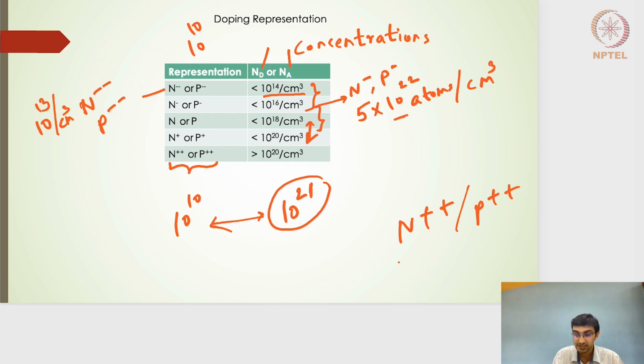The diffusion or ion implantation process has introduced external atoms of phosphorus, arsenic, gallium or boron of about 10 raised to 20, which is very high. And if we see N minus minus, we should recognize it as a very low dopant concentration that has been introduced into the silicon structure.